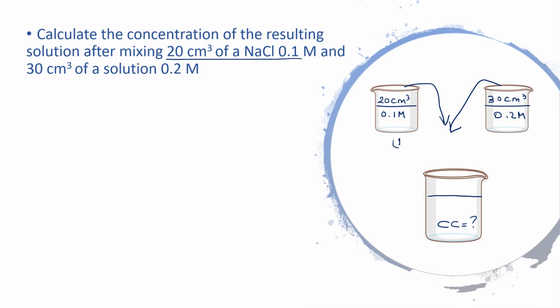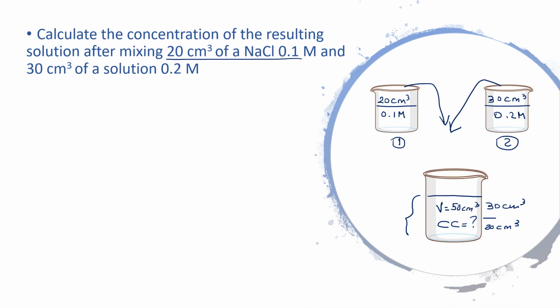Let's say that beaker 1 and beaker 2. Okay, so in the final beaker we put it together, so we are going to have in here 20 centimeters cube that comes from beaker 1 and 30 centimeters cube that comes from beaker 2. So the total volume is going to be 50 centimeters cube.